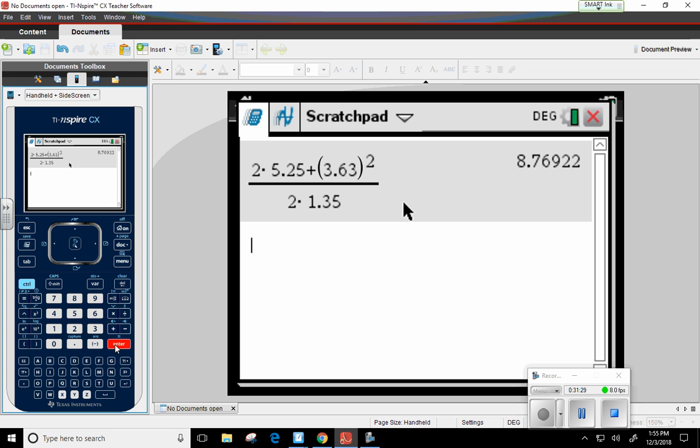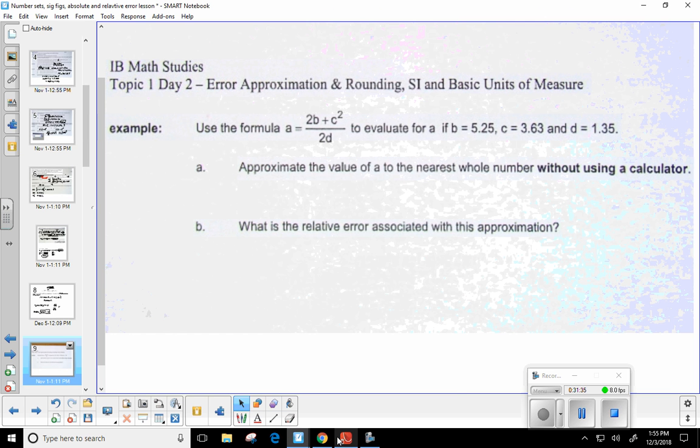Now to the nearest whole number is just going to be 9. I'm curious, if we round these to the nearest number before we did that, how close would we get? So this would be 5, this would be 4, and this would be 1.